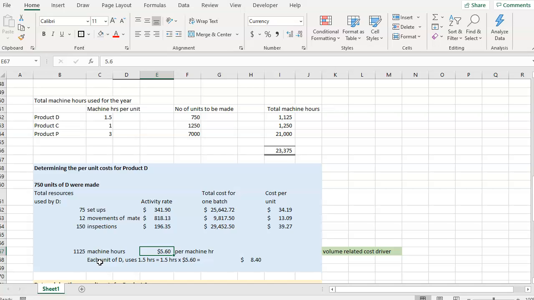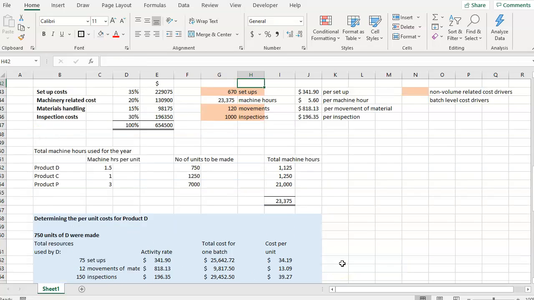Therefore, the machine-related cost for 1 unit of D is simply taking the 5.60 and multiplying it by 1.5 hours, and you end up with $8.40. So let's put that in.